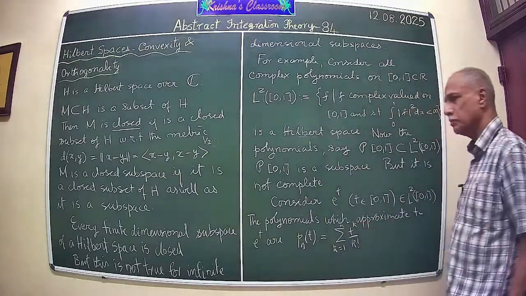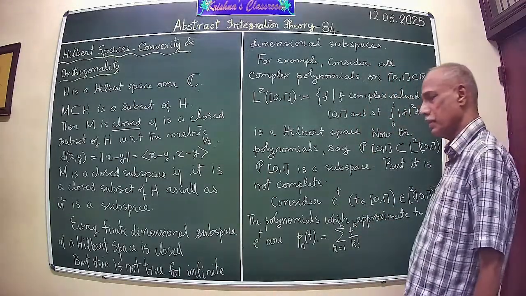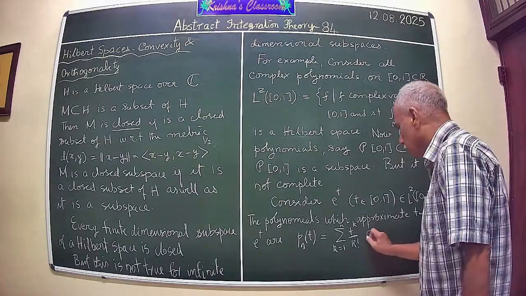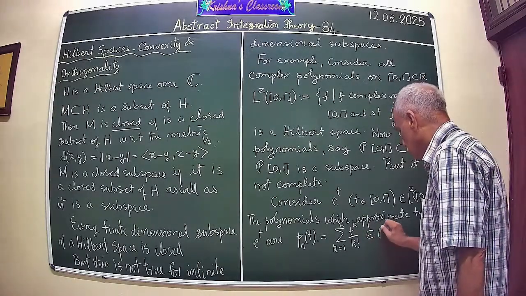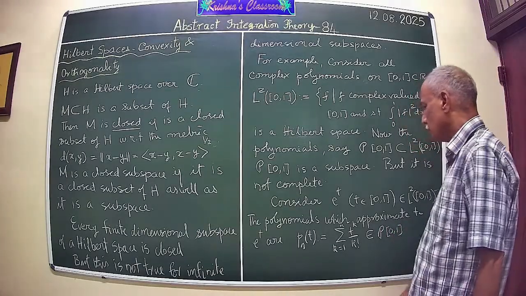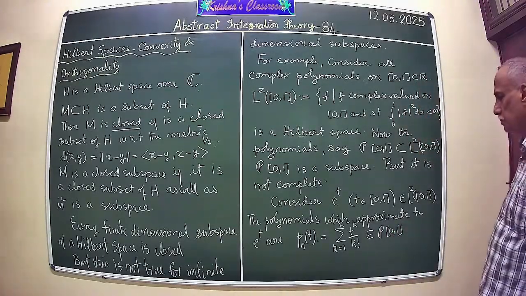Now the partial sums of the expansion of e power t, this belongs to the polynomials.